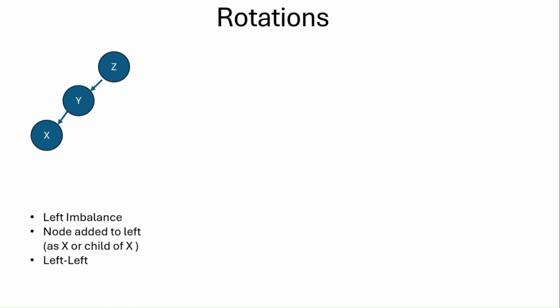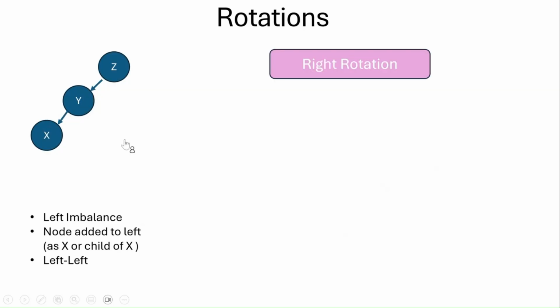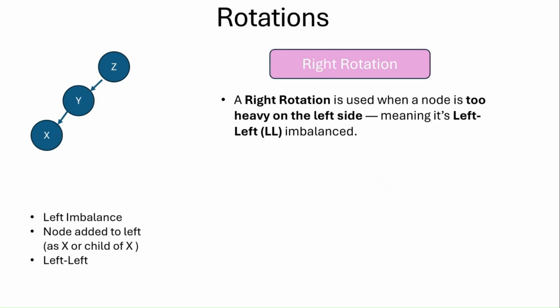So let's say this first situation, which is left left, right? Z became unbalanced because of the left subtree, and the new node is added as a left child of this left subtree. So it is left left. To solve this situation, the rotation which is used is the right rotation. We'll understand why. A right rotation is used when a node is too heavy on the left side.